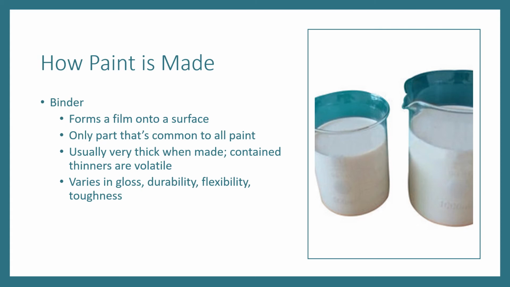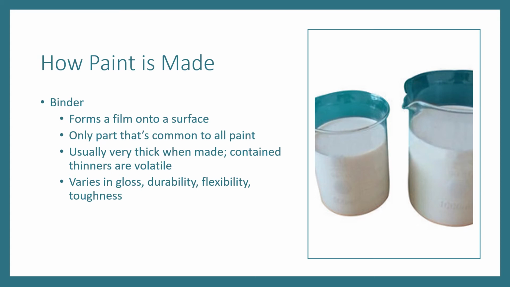The different binder is what varies in gloss, durability, flexibility, and toughness. The pigment is going to be however fragile or tough in its own inherent properties, but you can reinforce its existing properties or change them by picking a specific type of binder.